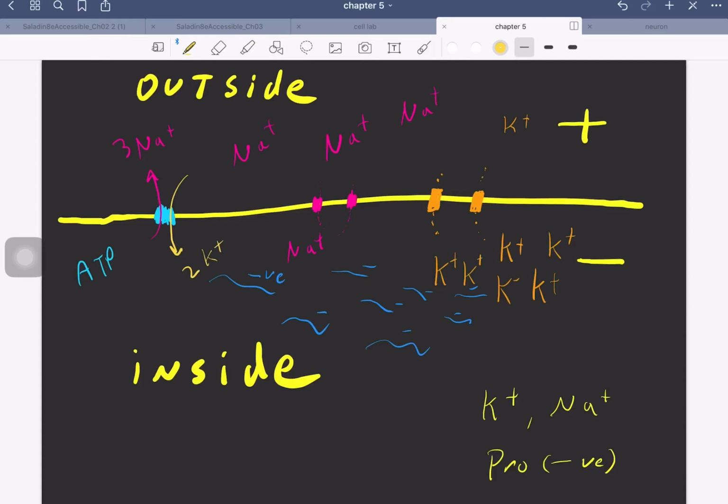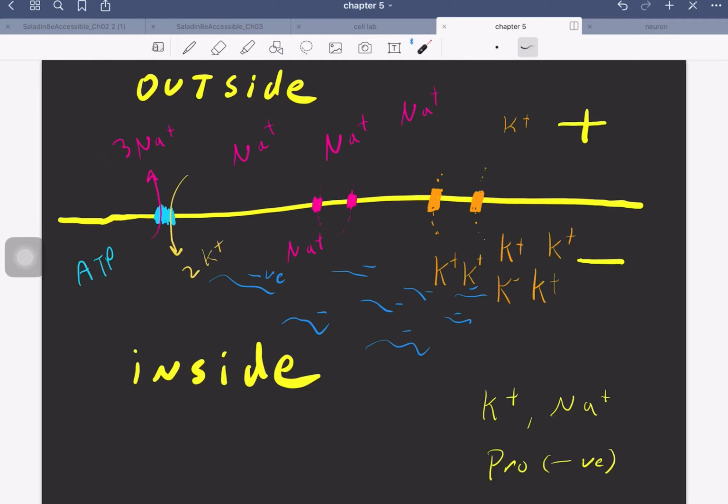So every time the pump runs, I get a net gain of 1 positive. And it's just simple math: if I'm pumping 3 positive out and 2 positive in, well, the net gain is, every time I burn up an ATP and fire the pump, I get a net gain of 1 positive on the outside.